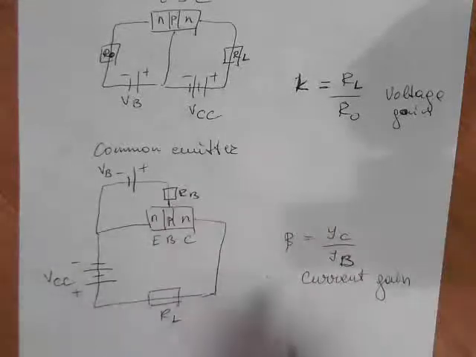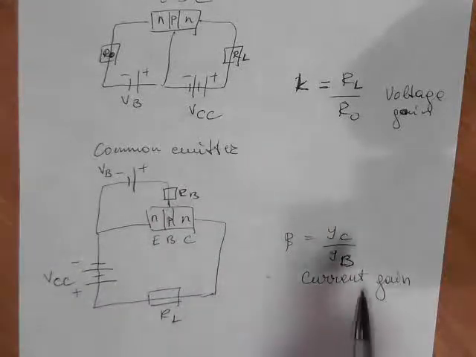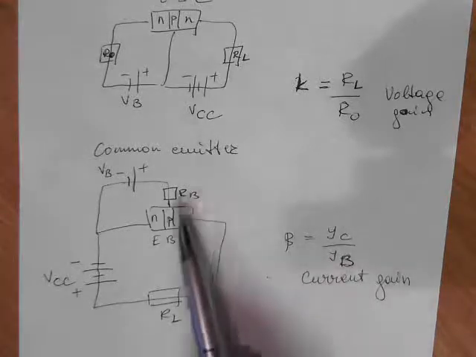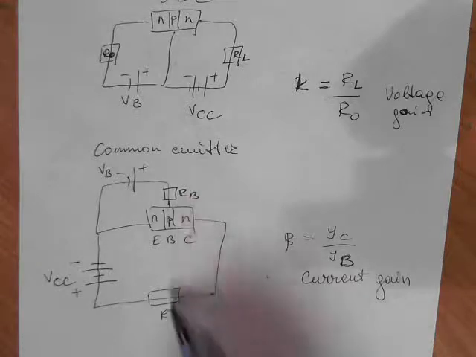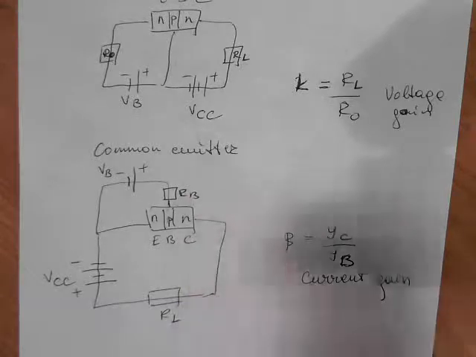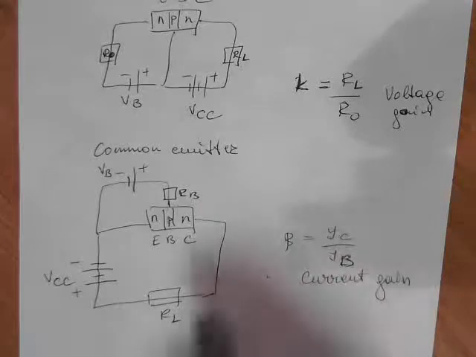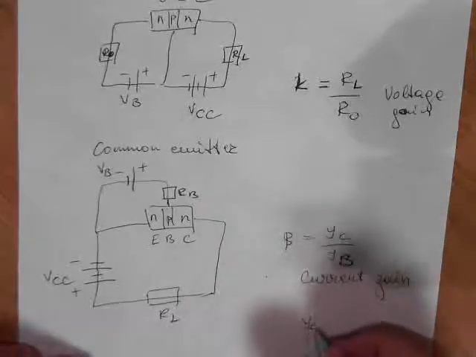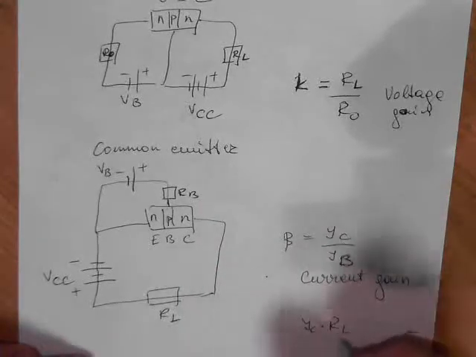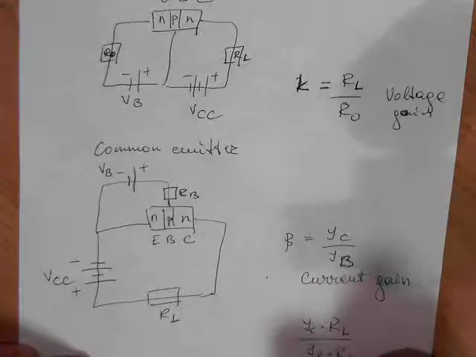So we were dealing with current gains, but as we can measure voltages, the difference in resistances also matters. We may multiply IC by RL, and we may multiply IB by RB.